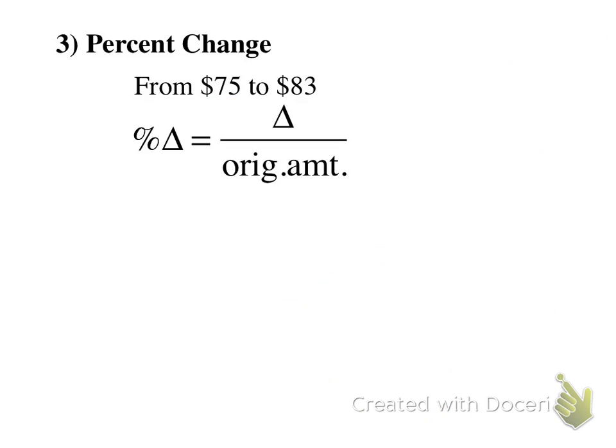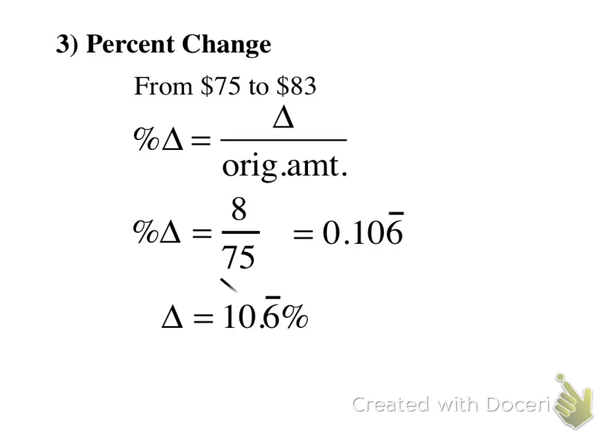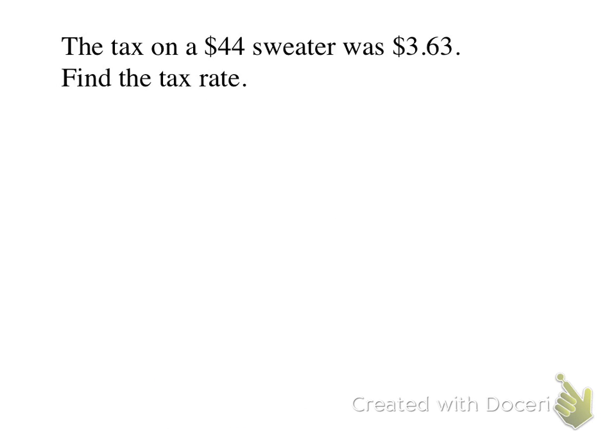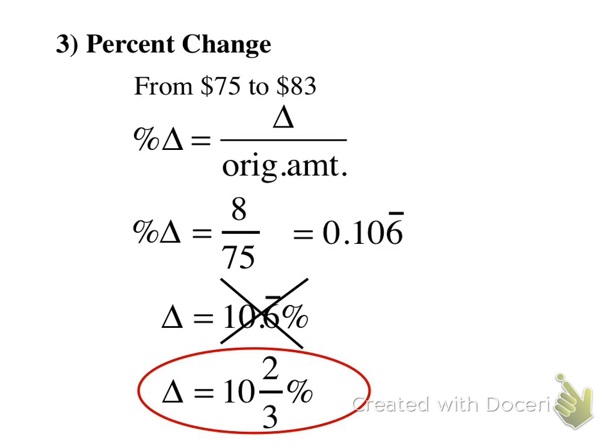Okay, hold on one second. I want to show you what would happen if we take some easier numbers, and I want you to try this time. I'm going to do percent of change. I'm going to set you up to do 2 problems. Remember, the percent of change is equal to the difference over the original amount.